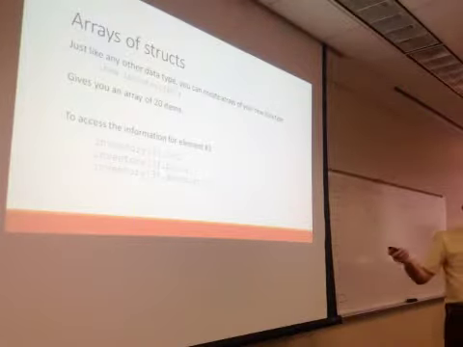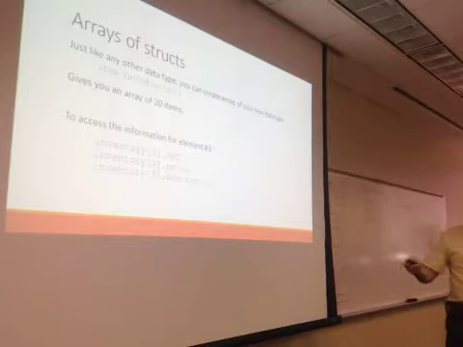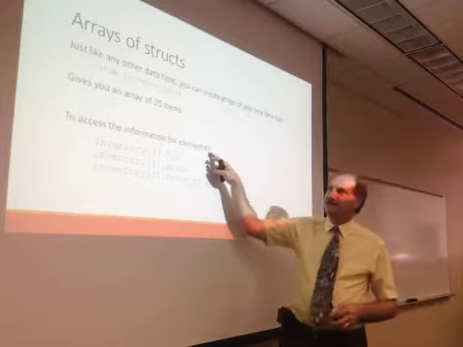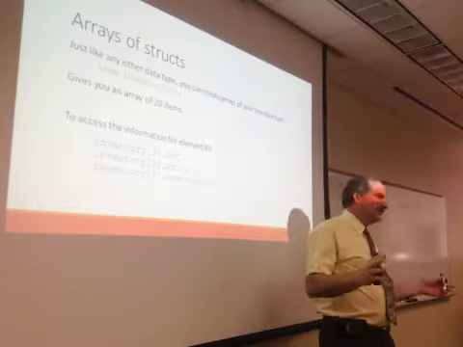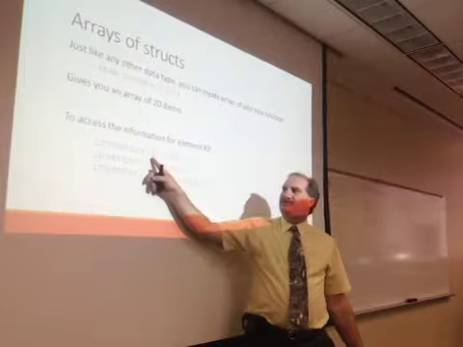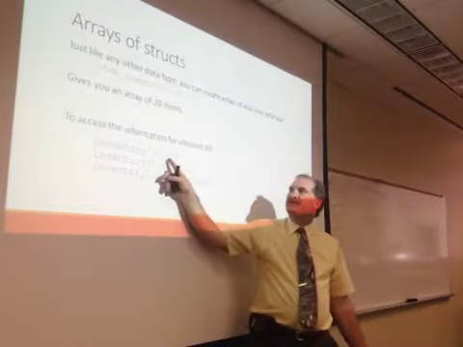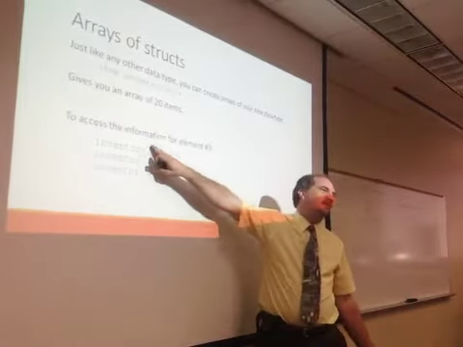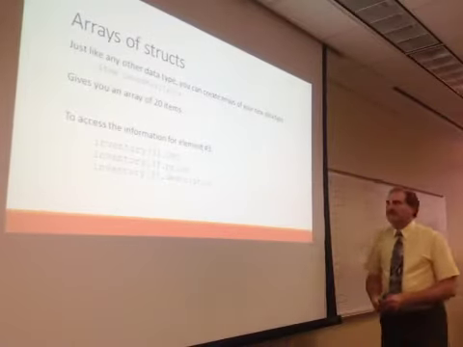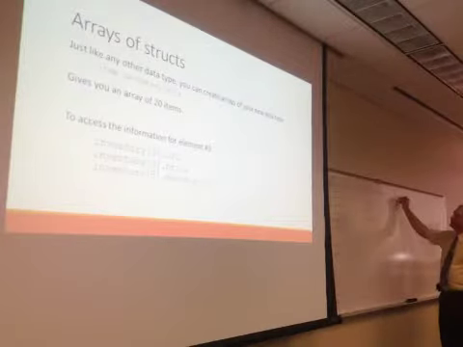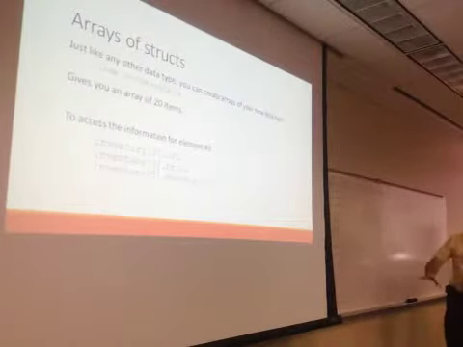Numbered 0 through 19. Remember that part. To access the information for element number 3, not the third element, but element number 3, inventory sub 3 dot upc. Notice where you're putting your index. It is inventory, in this case, that is the array.